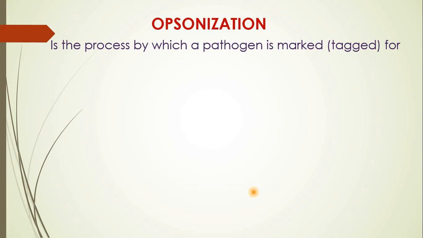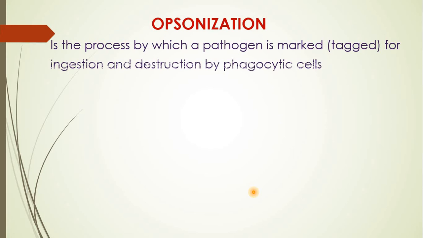Opsonization is the fourth type of antigen antibody reaction in which a pathogen is marked. When we say the pathogen is marked, it means I am going to tag the pathogen. What is tagging? Tagging is made to visualize the presence of certain particles in the vicinity.